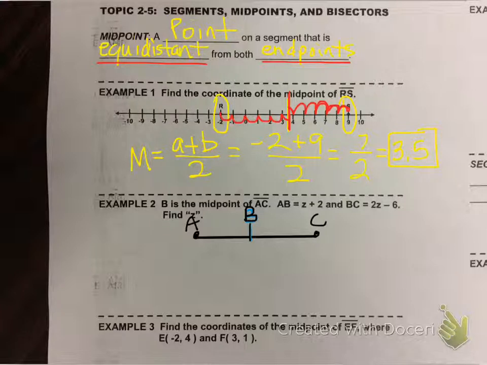So we have two distances here. We have AB here. What's the length of AB? The length of AB is z plus 2. Then we also have BC given to us as 2z minus 6.